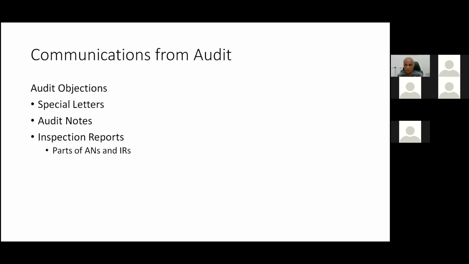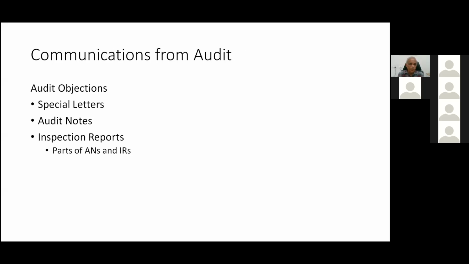Part 2, audit inspection reports, they can be closed by our accounts department itself. We need not send it to the audit department for closure advice. We ourselves should get the reply and then get it closed. This is how it should be done.